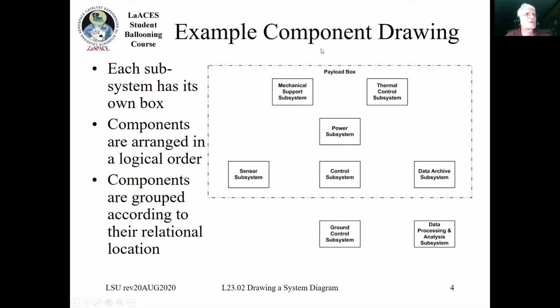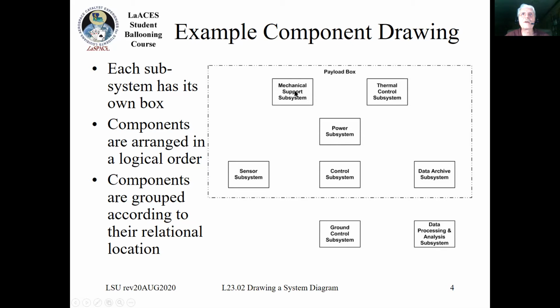One part is what's actually going to go into the payload, and then there's another part which is not in the payload but is still associated with that payload. So in the payload, there's power, control, archive, sensor, and then there's also things like thermal control. There is a thermal control subsystem that you're going to use, and there's a mechanical support subsystem.